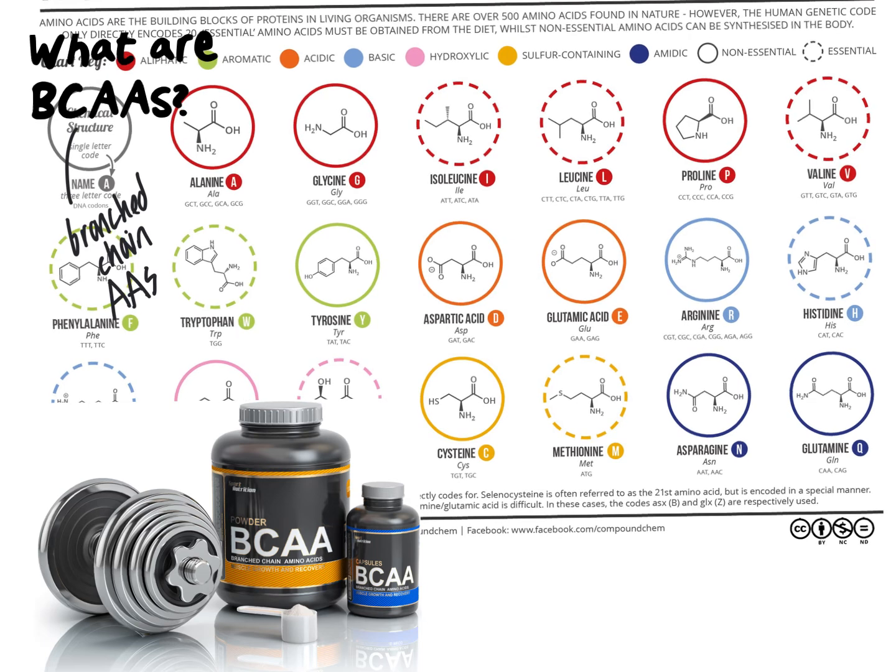Taking a look at isoleucine has the dotted box around it indicating to us that it is an essential amino acid, and taking a glance at the R group specifically, because that's what's unique to each individual amino acid, we see the R group here is this 3-carbon chain, 1, 2, 3 carbons off of the alpha position there, and at the first one there's a branch coming off, and hence isoleucine represents an example of a BCAA, a branched chain amino acid.